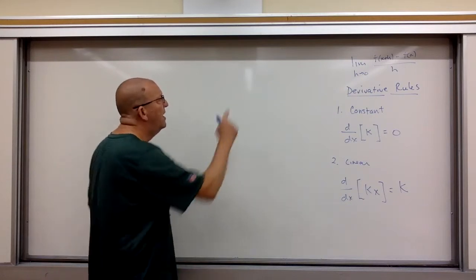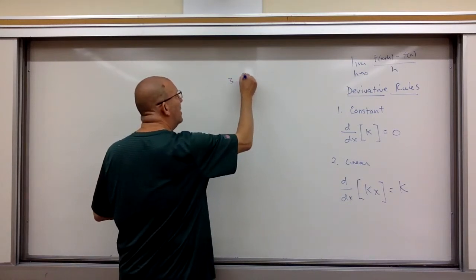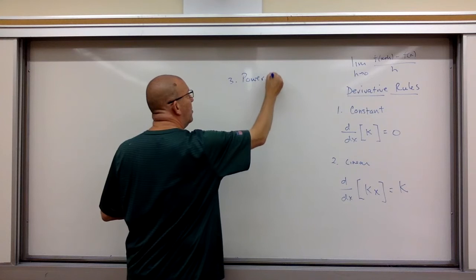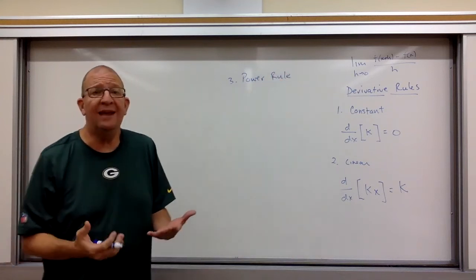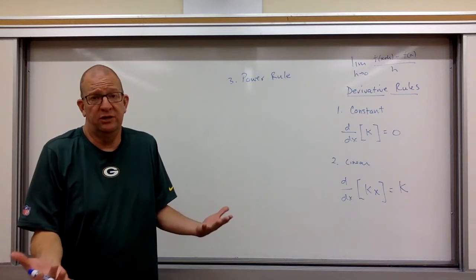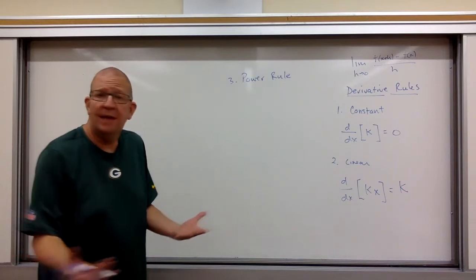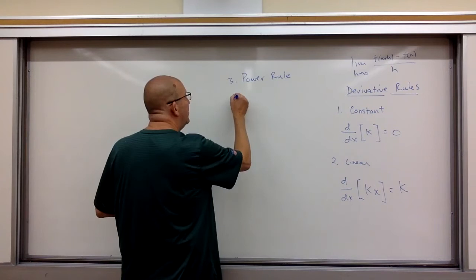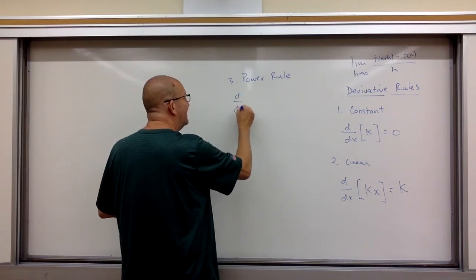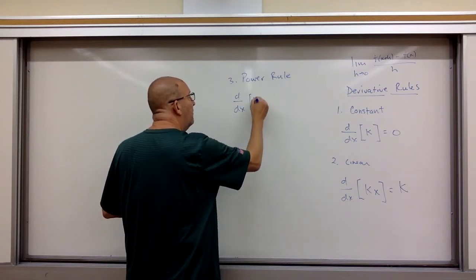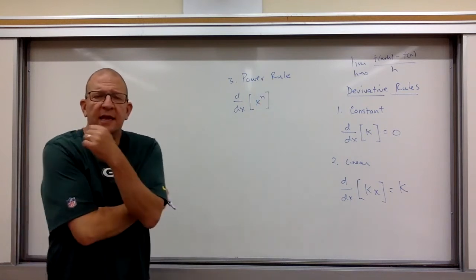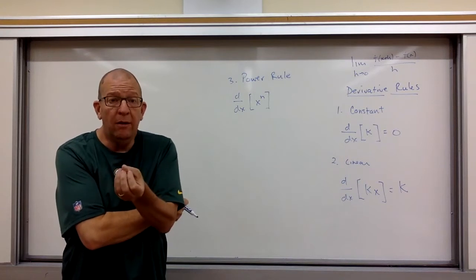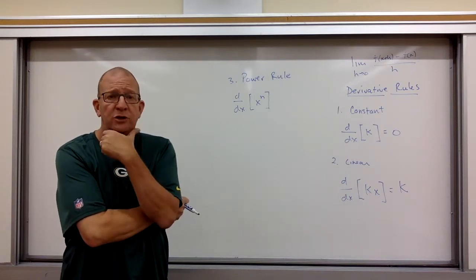Okay, now, the big one we had here is our power rule. This allows us to differentiate any polynomial function. For example, if we have the derivative with respect to x of x to the n power. So let's see, the derivative of x squared, that's right, 2x.